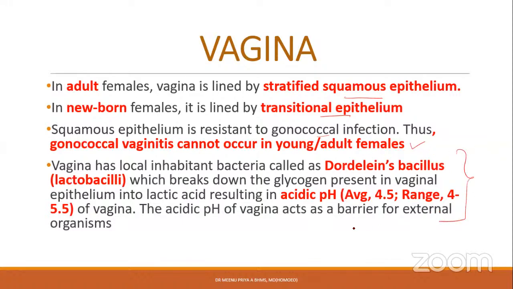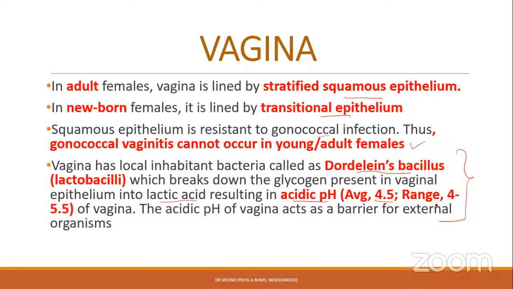So what is the normal barrier mechanism? Why is the vagina acting as a barrier? The vagina has local inhabitant bacteria called Doderlein bacilli, very important, which are also called lactobacilli, which break down the glycogen present in the vaginal epithelium into lactic acid. Once it is acid, the pH of the vagina is acidic. The usual pH of the vagina is acidic, the average is 4.5, and the range is from 4 to 5.5.